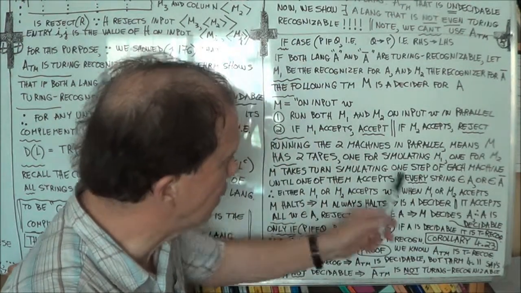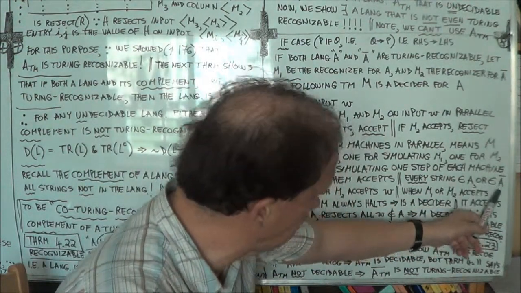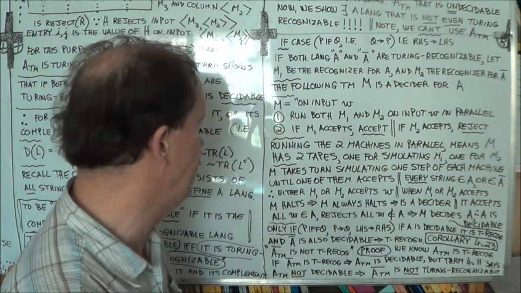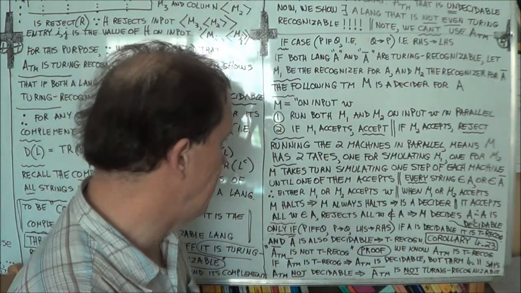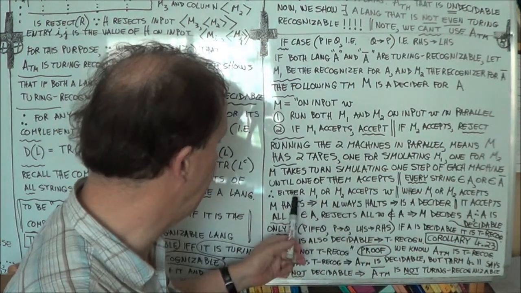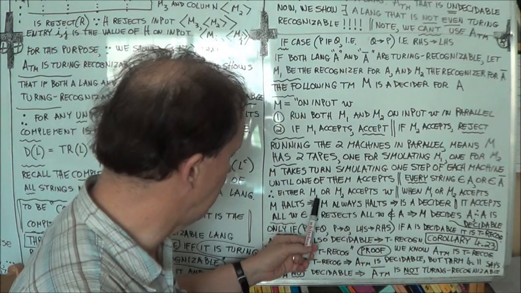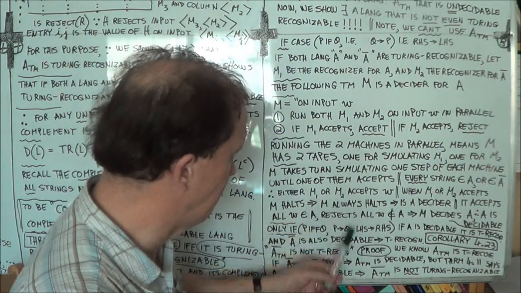Right? So any string belongs to either A or to the complement of A. Right? So for any string then, either M1 will accept or M2 will accept.